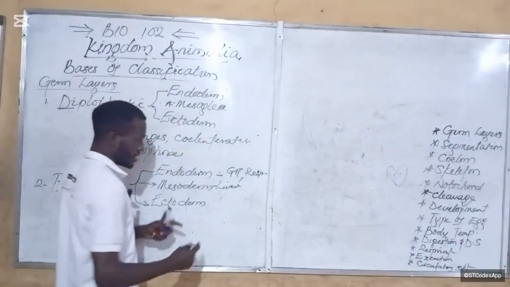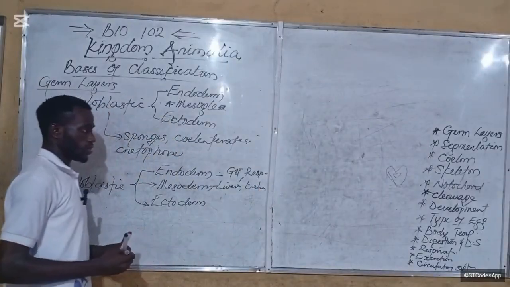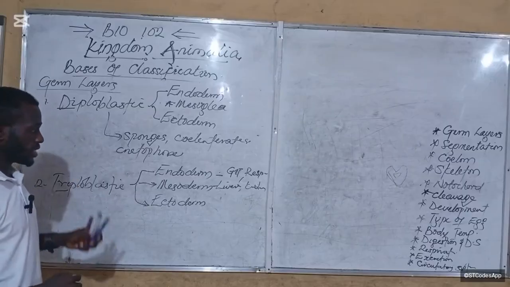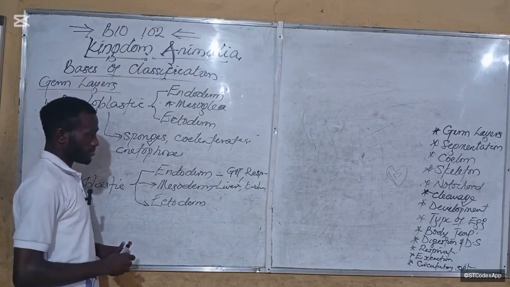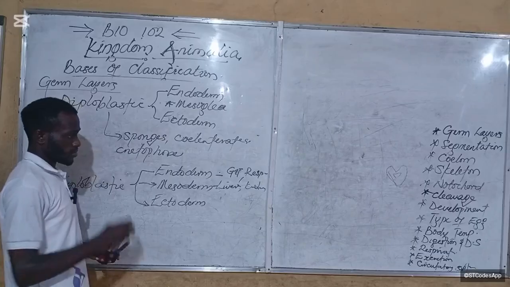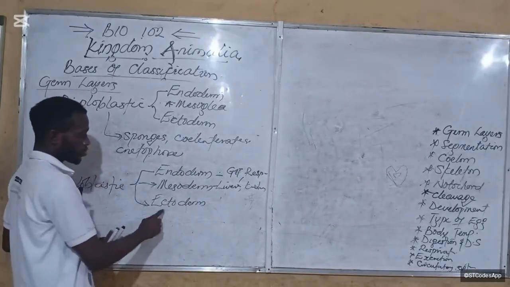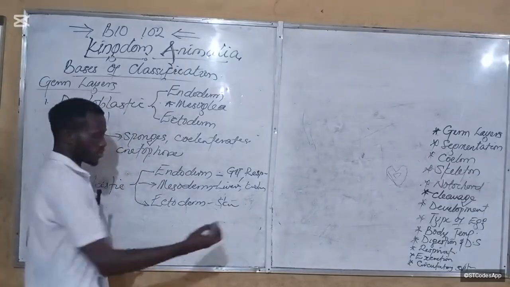It forms the organs, the liver, the kidney, that is the mesoderm. The intestine is endoderm. So then the ectoderm is the skin, the nervous system.